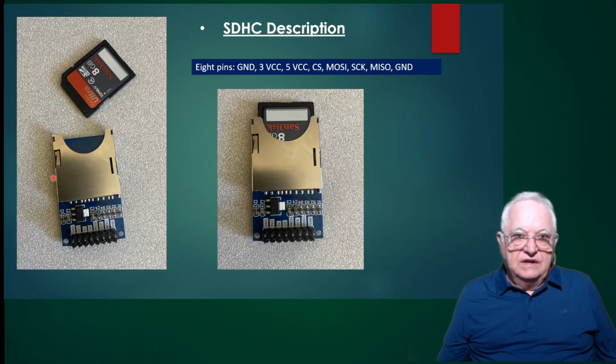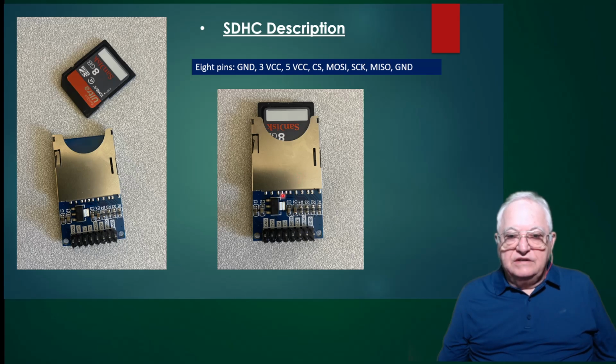So this is what the SDHC looks like. This is the card reader, and this is the SD card that fits in. And here you can see this SD card ready to go, inserted into the card reader.